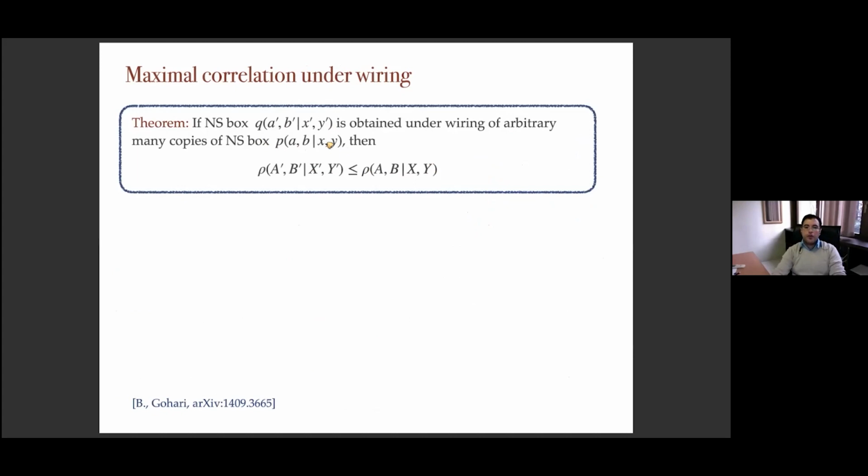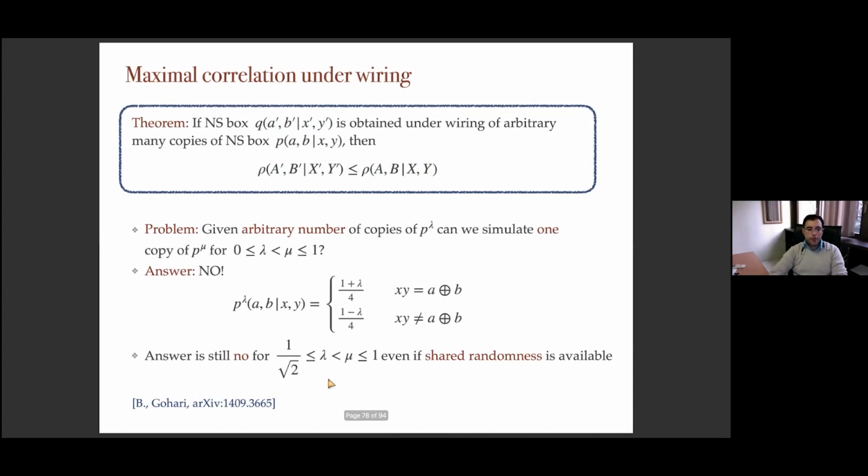If I start with some copies of this box P_AB given XY, wire them together in any arbitrary way, even randomly permuting the boxes and then wiring them together in a random way, and then generate the prime box, then we have this monotonicity when I compare the maximum correlation of the boxes. You can look at the details here.